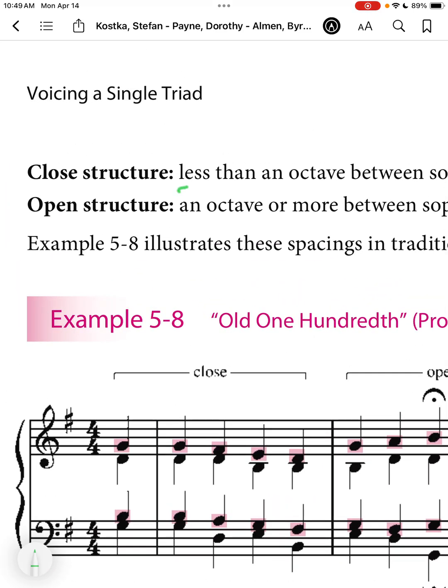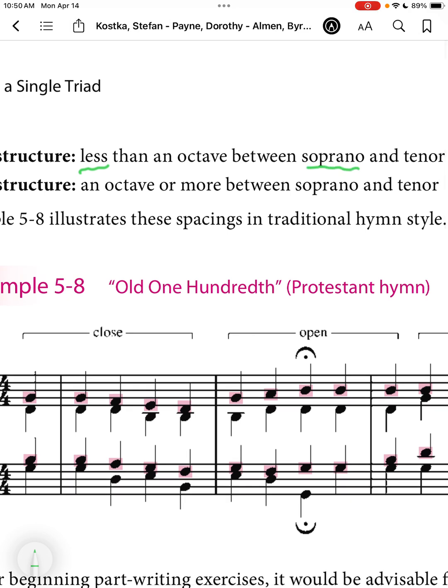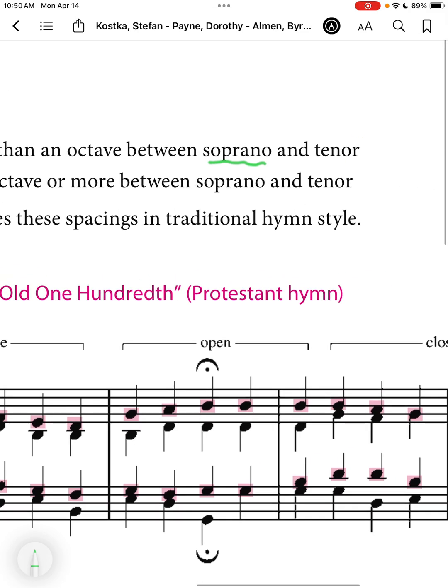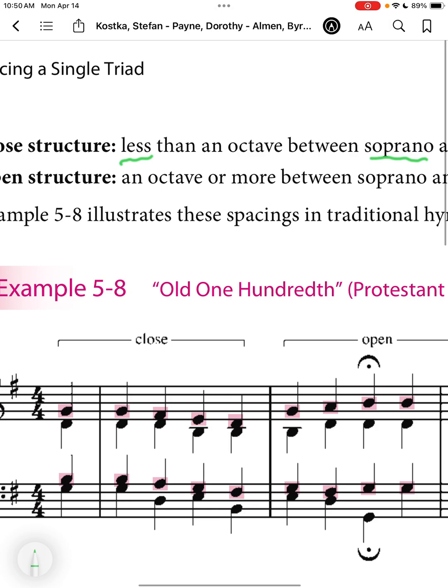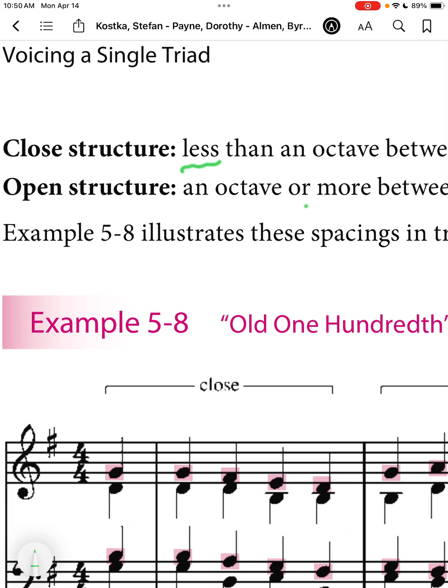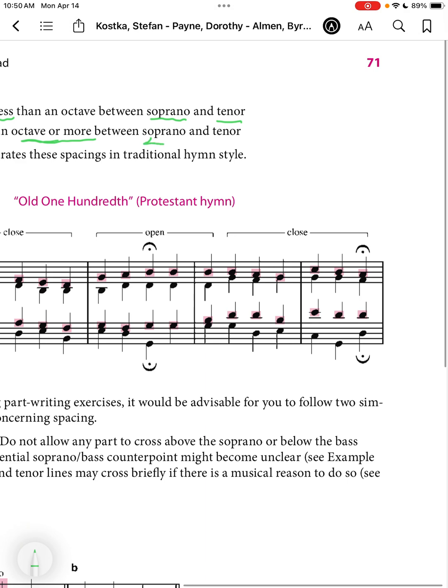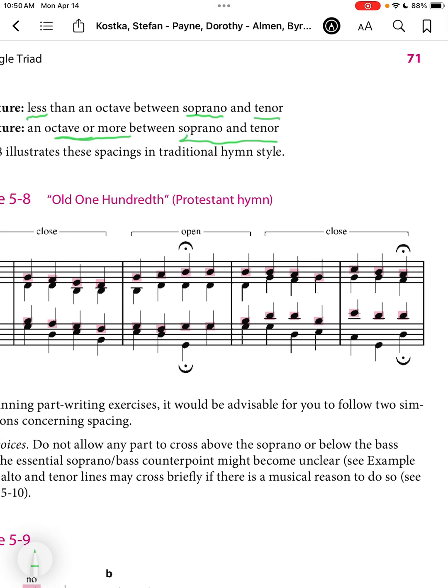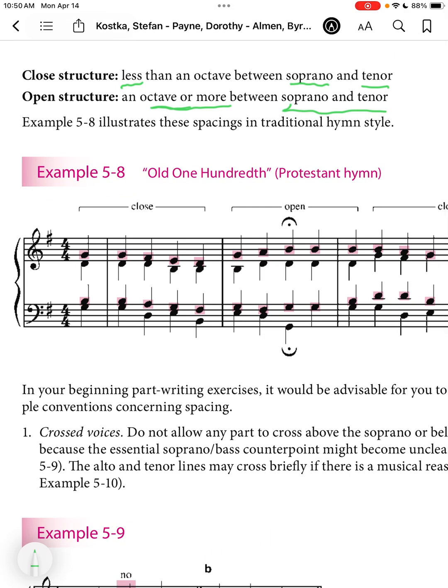The close structure is less than an octave between soprano and tenor. Open structure is an octave or more between the two. So close would be this way.